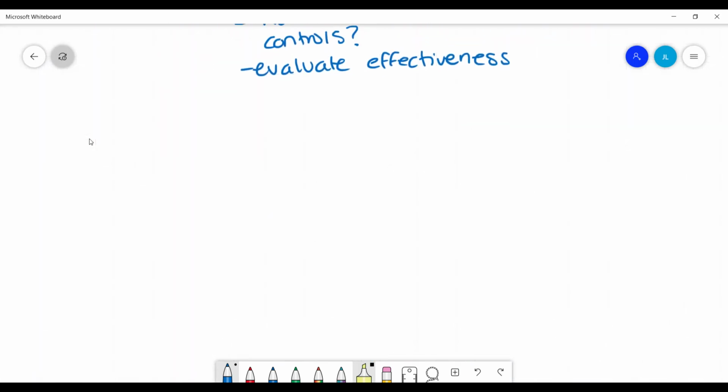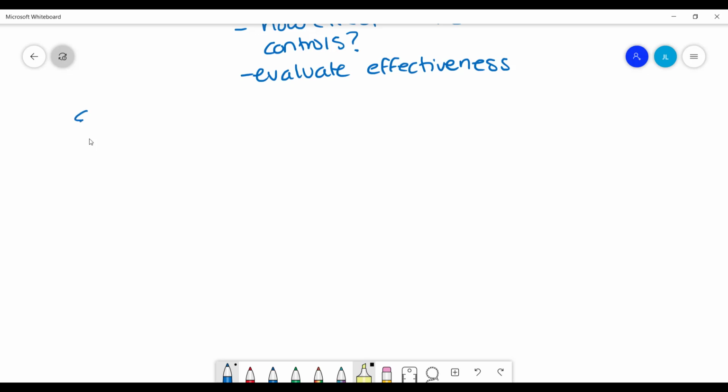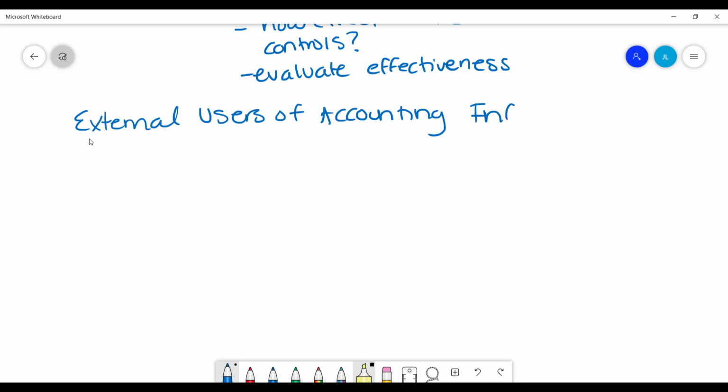All right. So remember we talked about those external users of accounting information. Okay? Who are they? Right? So the external users of accounting information is basically anyone outside of an organization, not directly internal to an organization, but outside of an organization.